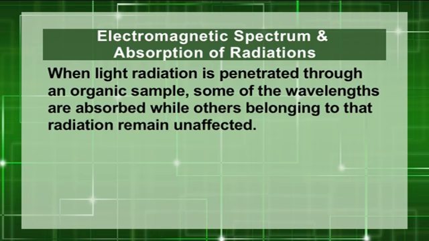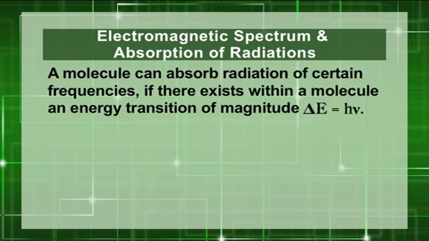When light radiation is passed through an organic sample, some of the wavelengths are absorbed while others remain unaffected. A molecule can absorb radiation of certain frequencies if there exists within the molecule an energy transition of magnitude ΔE equal to hν.